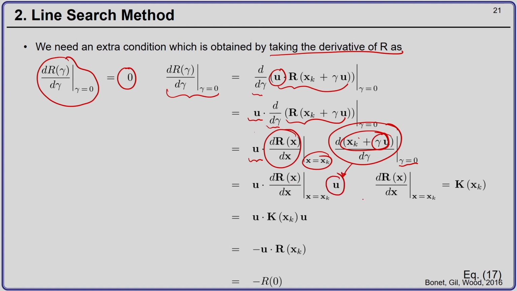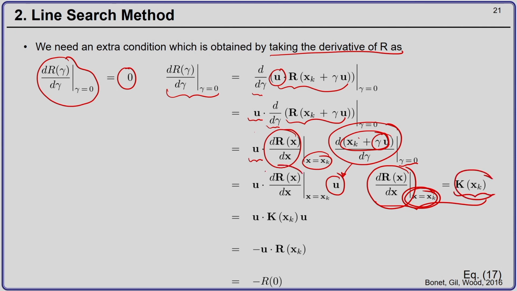And now, from our derivations, we know that the derivative of the residual force vector with respect to the current position, evaluated at the current position x k, is nothing but the tangent matrix evaluated at x k.